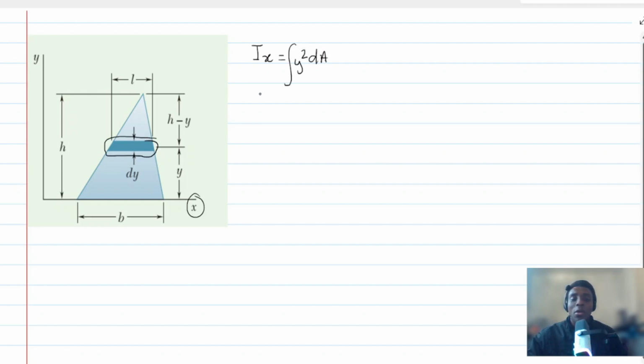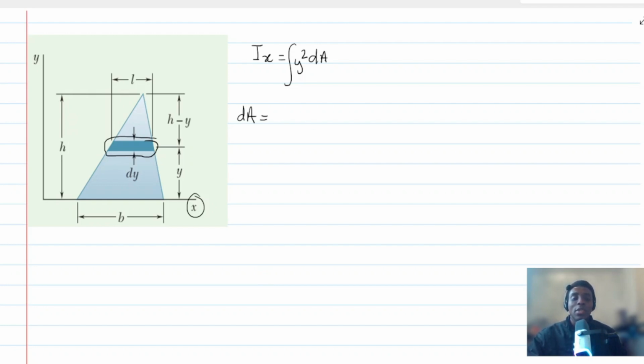Now, for this triangle, taking dA is more or less like taking an elemental strip, and this elemental strip is what I have highlighted. You would realize that in essence this elemental area is like a rectangle.